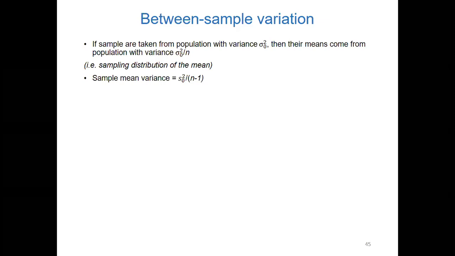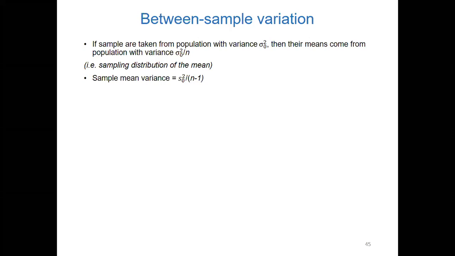Okay, then let's move to the sample between variation. Suppose we are taking samples from a population. This part is a little confusing, so please pay attention to what I am telling.